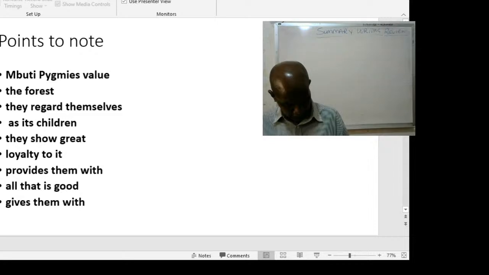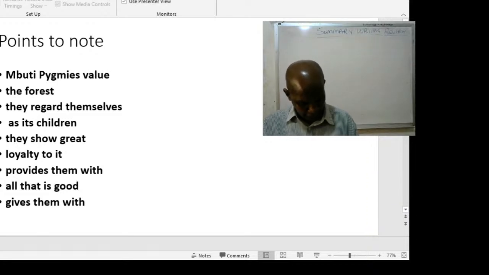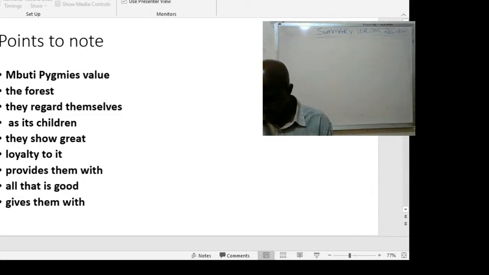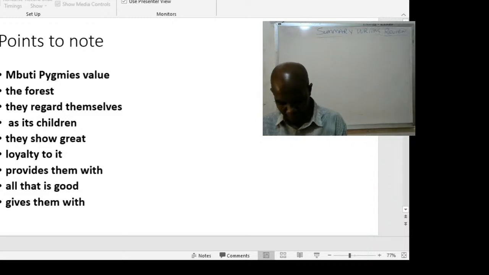So it gives them warmth, shelter, affection, food all year round. Then remember the closing section of the paragraph was telling us that when one of the members of the group or anyone else outside the group upsets the forest or the smooth running of the forest, he would be reprimanded and be told that it is the forest that he is upsetting.